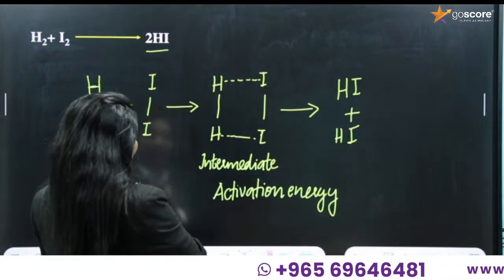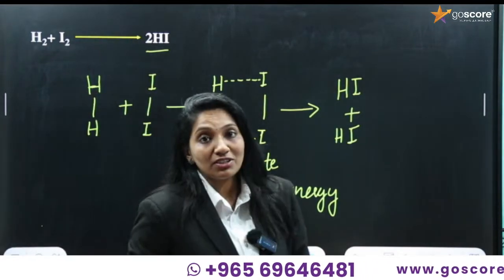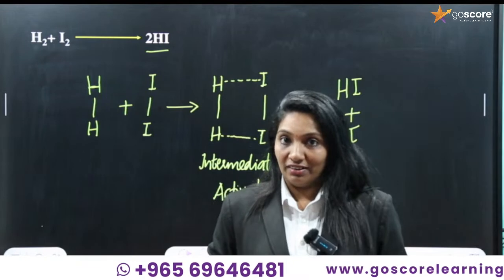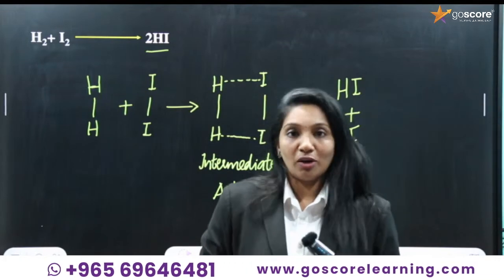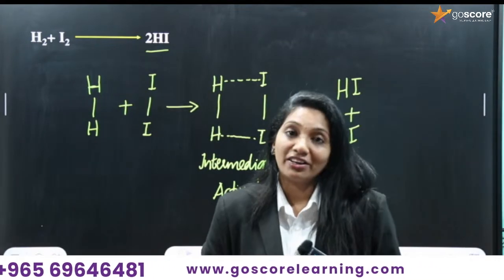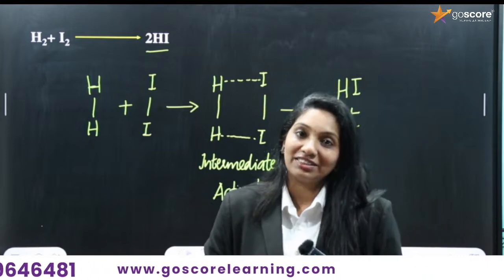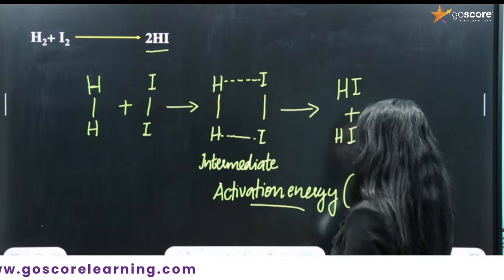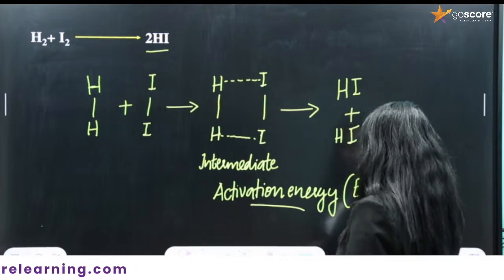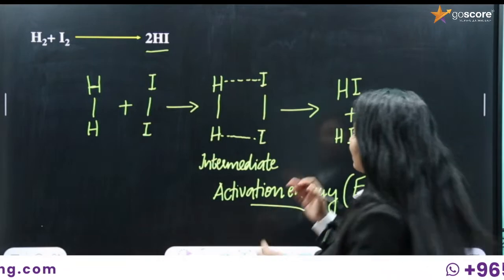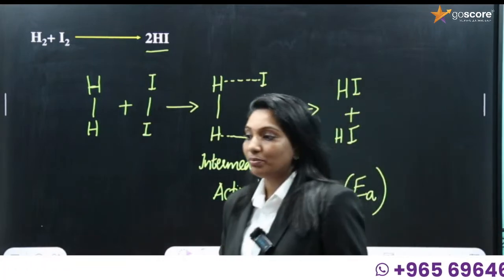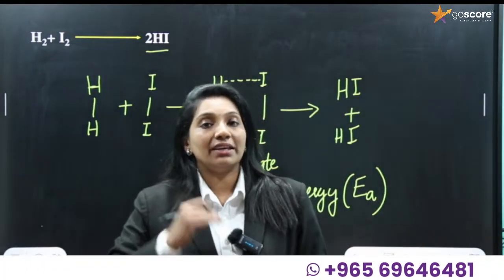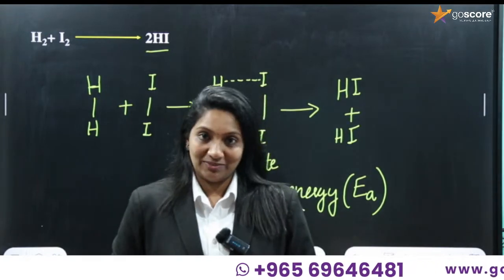So during a reaction, the reactant molecules will collide with each other to form an intermediate complex, and the energy required for the formation of that intermediate complex is the activation energy that we denote by letter EA. Okay, and this intermediate is unstable in nature and it will break down to give the product.